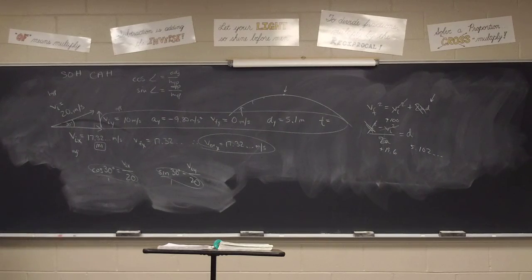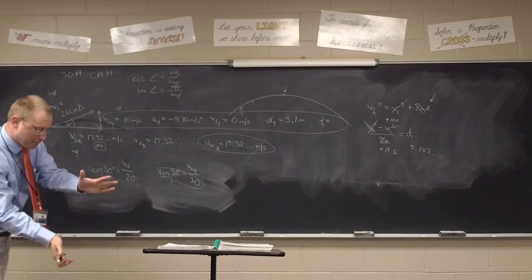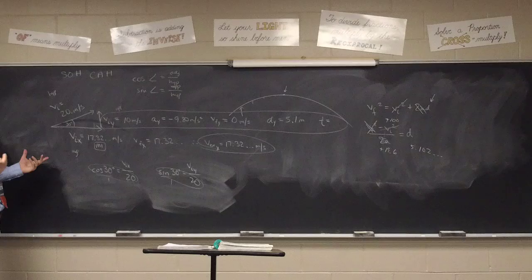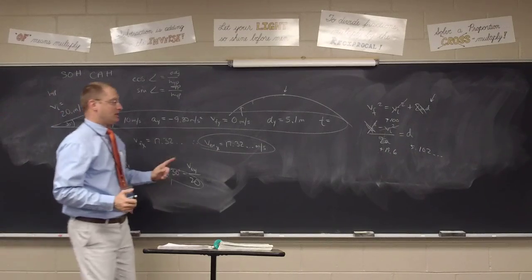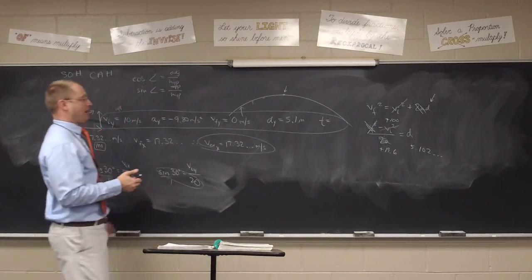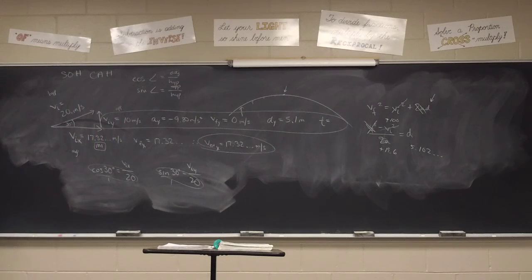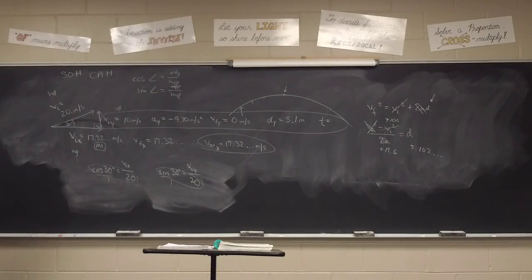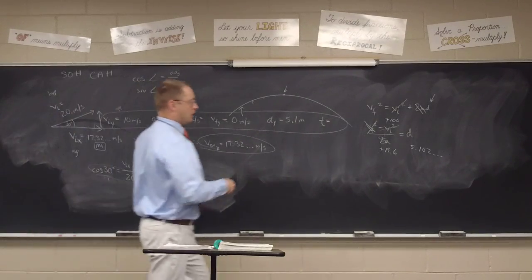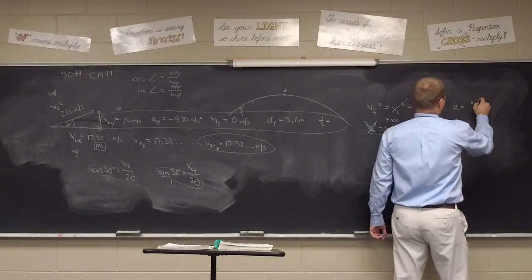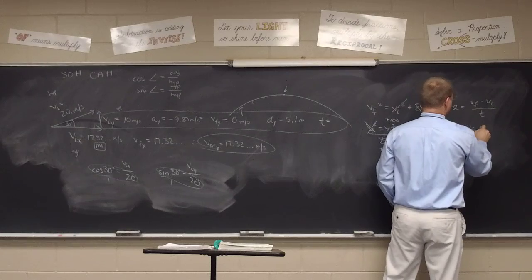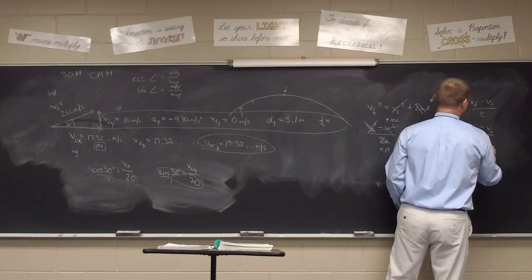We also want to know how much time do we have between whop and it finally gets caught over there. Well, what would I use to find time? Hint, I don't want to use the displacement if I don't have to. Vi, a, vf, and t. A equals vf minus vi over t. Acceleration equation, where once again we rearrange, get t equals vf, which is 0 anyway, minus v sub i over a.